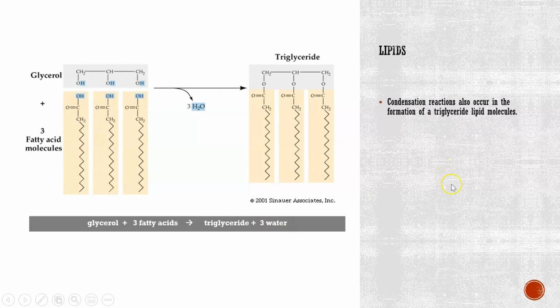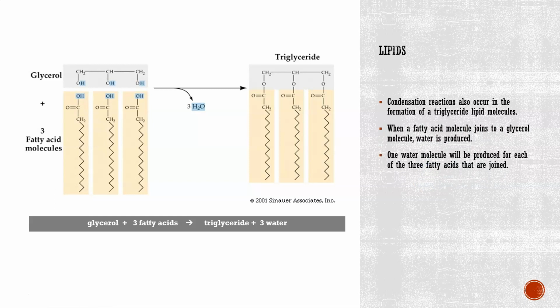So again, condensation reactions are required for a triglyceride to form. 3 fatty acids join to the glycerol and water is produced. 1 water molecule will be produced for each of the 3 fatty acid tails that attach. Each hydroxyl group in the glycerol is able to combine with the carboxyl group of the fatty acid.